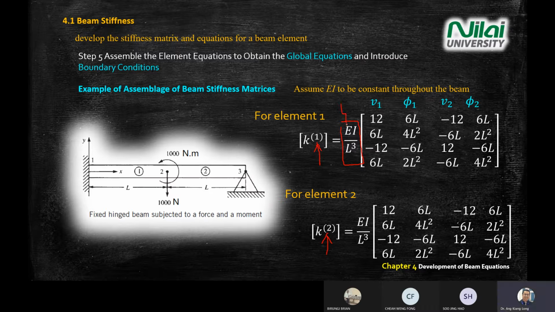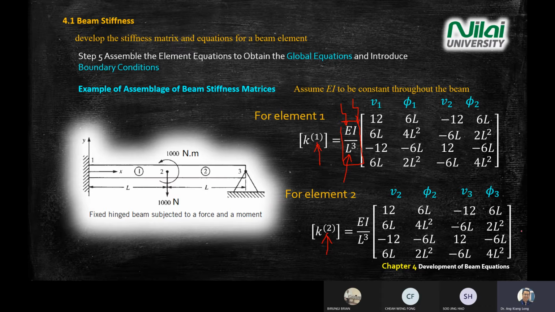Of course, in the test or exam later on, you need to be careful with the EI value and the L value. For element 2, same, use your pencil to write the ticket numbers on the top and the side. For element 2, you have point 2 and point 3. So you write V2, rotation 2, then vertical displacement V3 and angle 3.